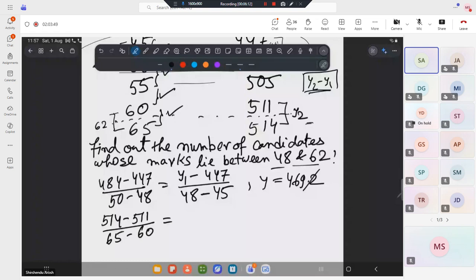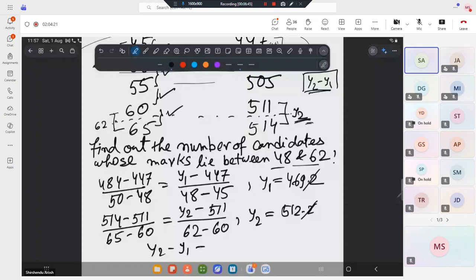In this case now the unknown is the new y2 minus y1 divided by 62 minus 60. Again, if you solve this, it will become 512 point two something. Again I discard this point 2, so 512 itself. Now if I do y2 minus y1, it will become 43. So let's check the equation from point numbers.